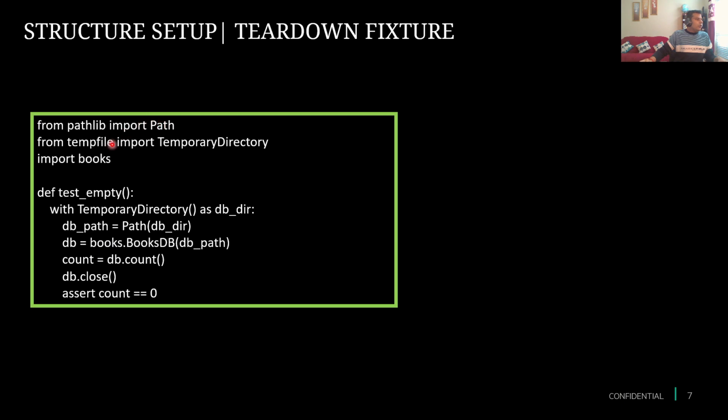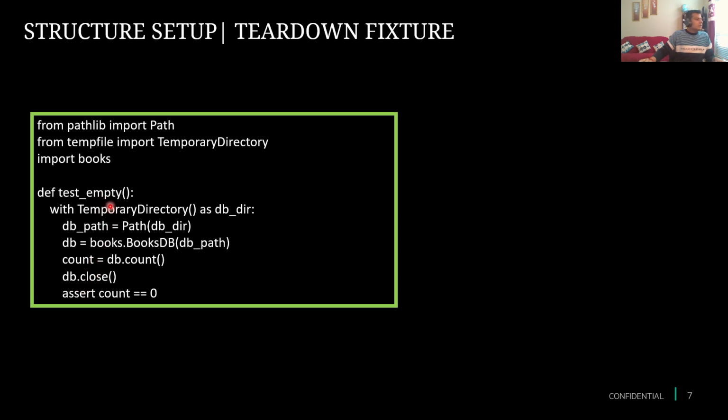We are calling one of the Books class. From the Books class, we are calling the method BooksDB, providing the path. We got the database object. Then we are doing the count operation and we got the count. And we are closing the database.